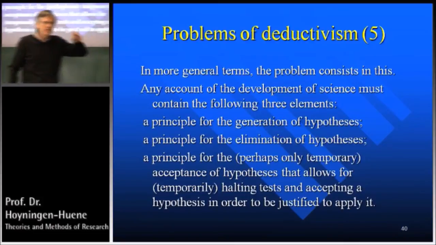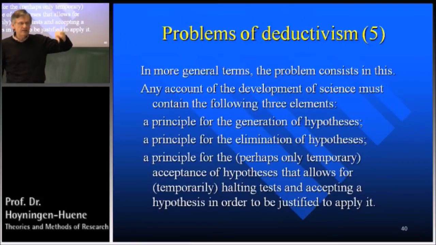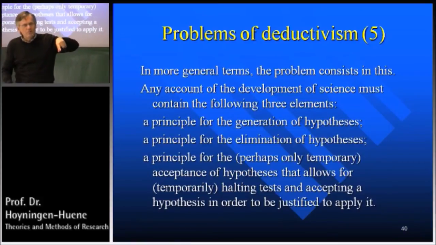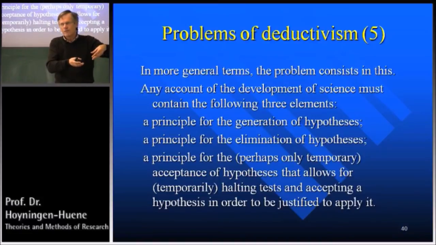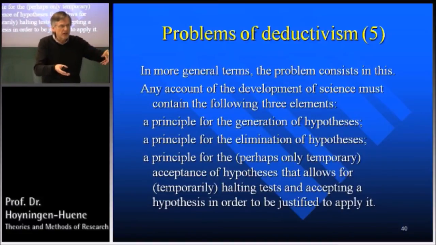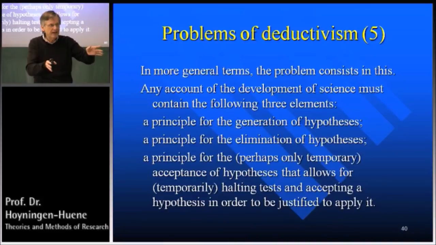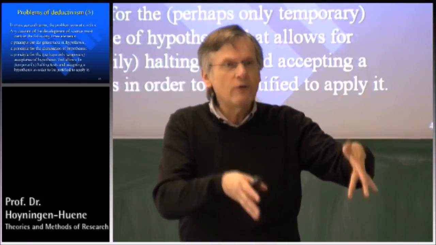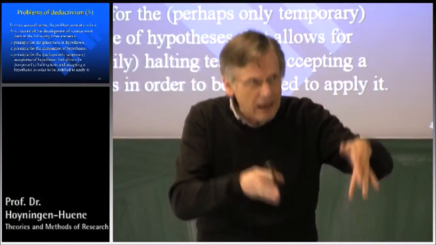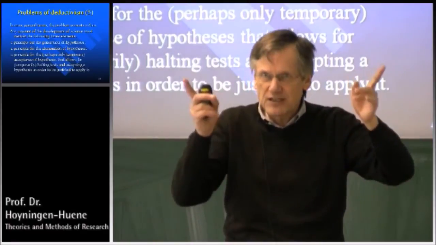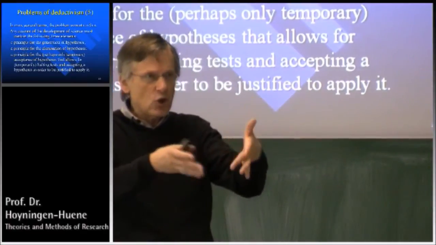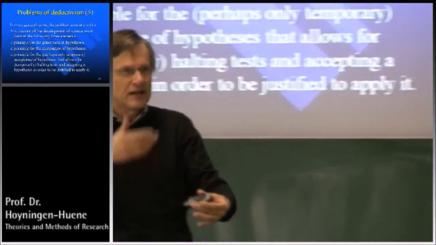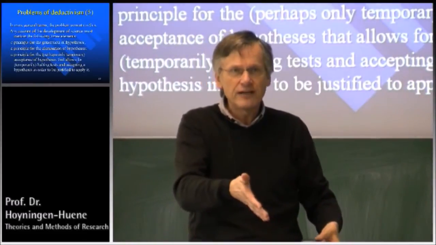Because we need them for prediction, explanation, and technical use. So after the generation of the hypothesis and its justification by empirical tests, however they are done, you may say, now it's enough for the moment, and now I can use the hypothesis and predict something or explain something. But you must have a stopping point for the testing. Someone must tell you it's enough.